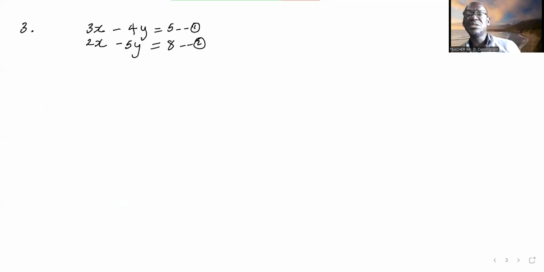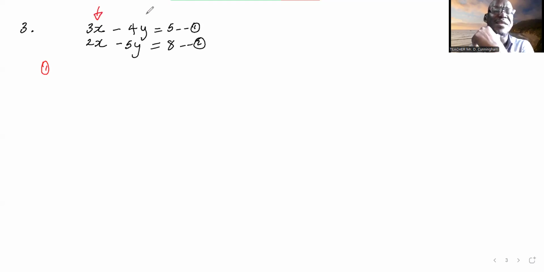So we're going to multiply equation 1, because there's nothing in these equations where I could multiply only one of them to match. So I'm going to multiply equation 1 by 2 because I'm dealing with the x's.